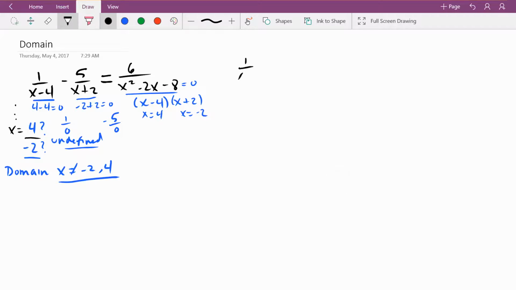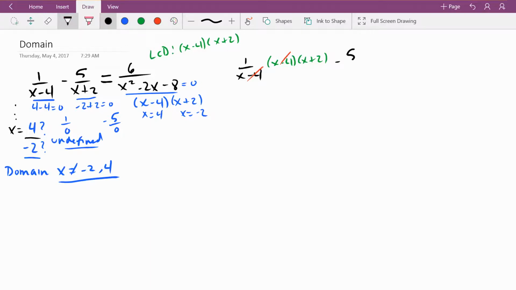Okay, my preference would be, with this factored, multiply everything by the LCD. Starting this, let's clear these fractions. Multiply by x minus 4, x plus 2. So this first one, I'm going to multiply by x minus 4, x plus 2 to cancel this.